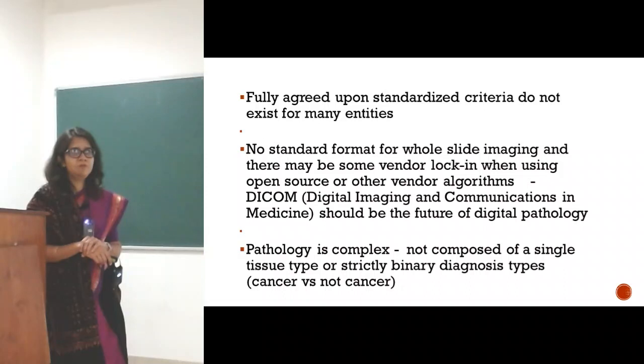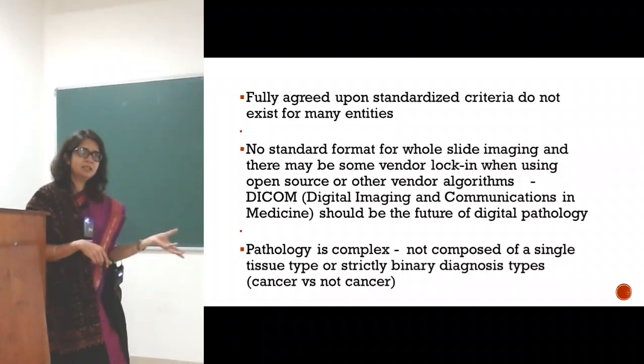We are getting better every day, but it's not totally there yet. For scoring immunohistochemistry, for tumor bud counting, for certain things, we have really fine-tuned our algorithms, but it's still a long learning curve. Also, DICOM exists for radiology images, which is why computational techniques in radiology are a lot more advanced than in histopathology.